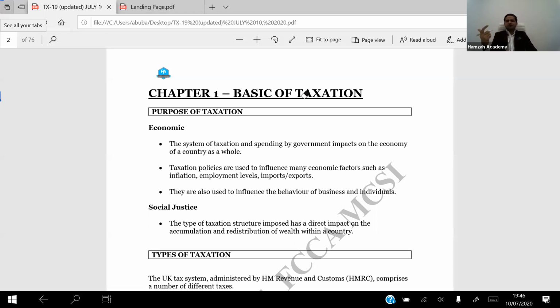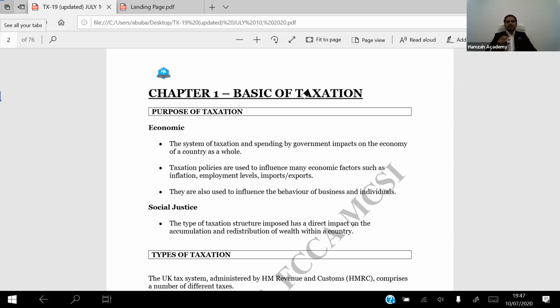Socio-economic is a very famous word these days when the entire world is actually struggling with poverty, climate change, and everything. So people are asking that there are socio-economic benefits attached with the taxation system as well. Now, what is the economical benefit? Imagine government is an individual, is an entity. Being an individual, why do I need money, why do I earn money?